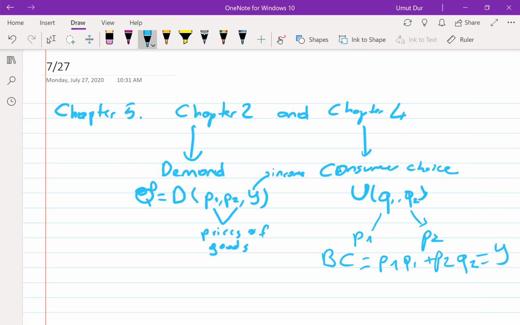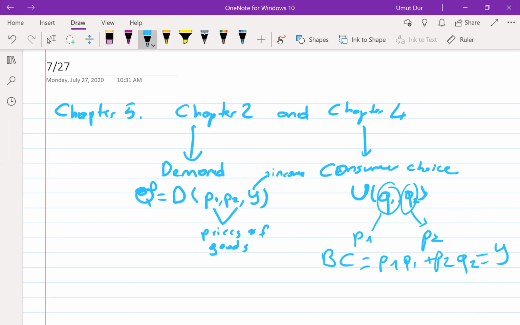You were solving this maximization problem, and our objective was finding the Q1 and Q2 which maximize the utility. As you can see, there is a direct relation between the demand for a good and the utility maximization.